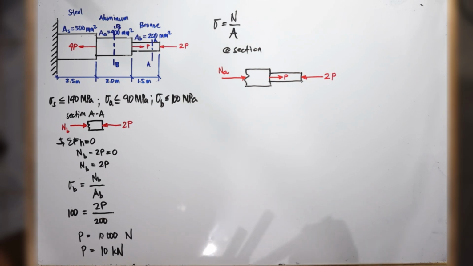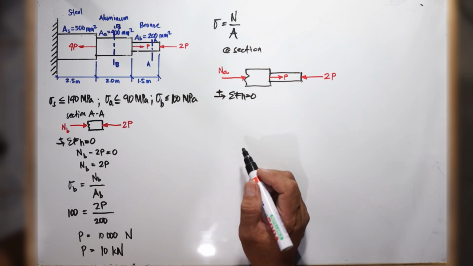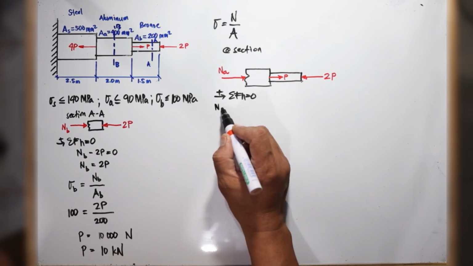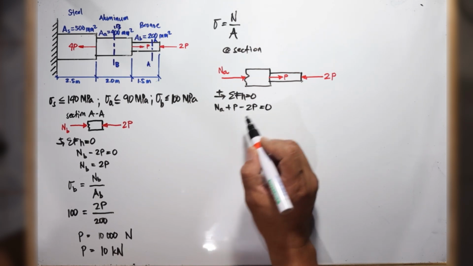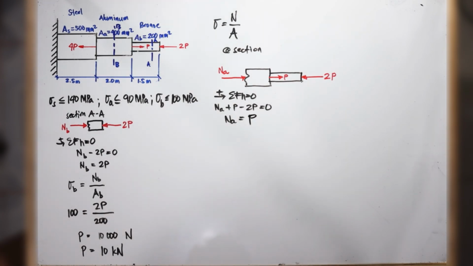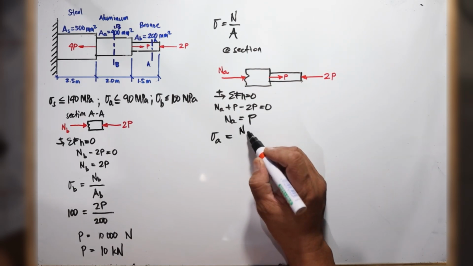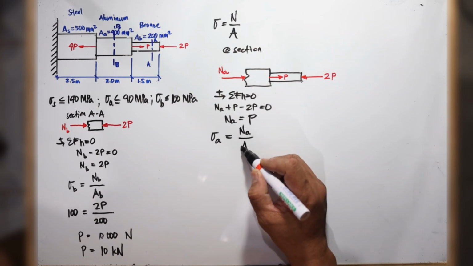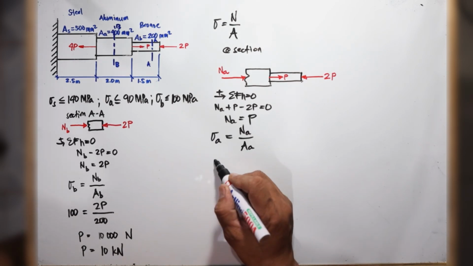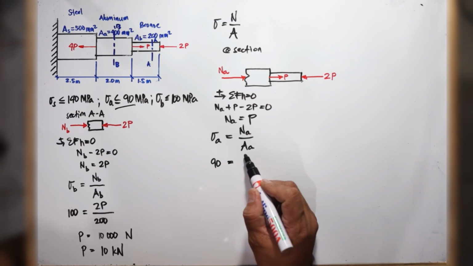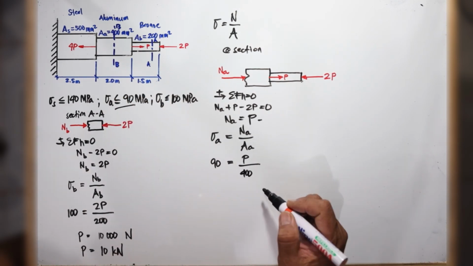Okay, so again, summation of horizontal forces equals 0. Considering forces to the right as positive, we have N sub A plus P minus 2P equals 0, and our N sub A equals P. And then sigma sub A is normal force N sub A over the area for aluminum, A sub A. So this is given to be 90 megapascal equals N sub A, which is P, over the area, given to be 400 square millimeters.